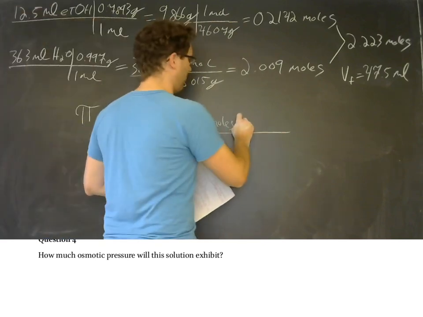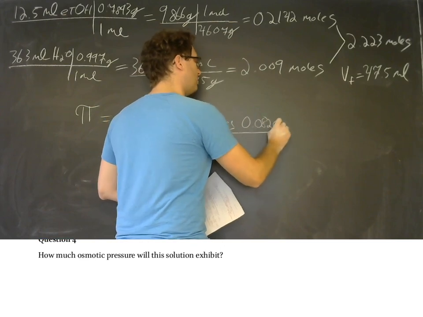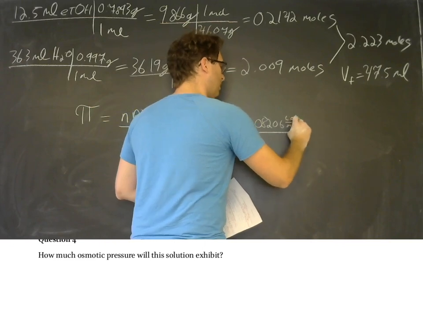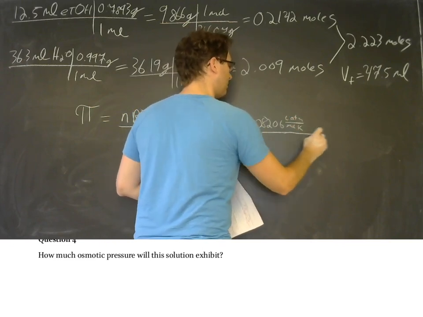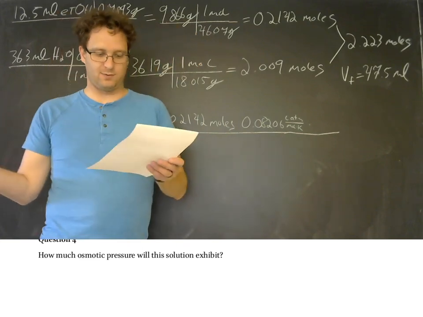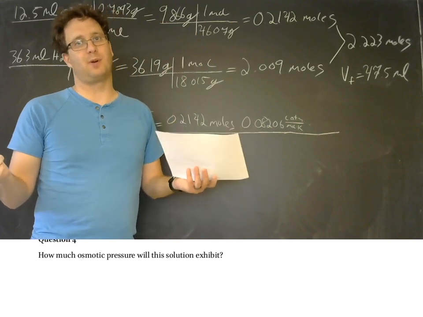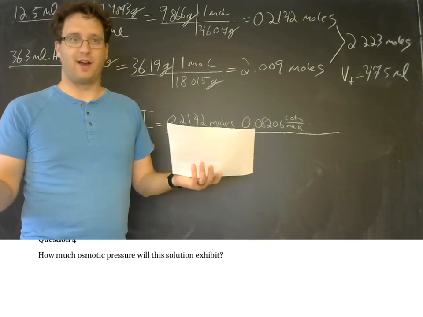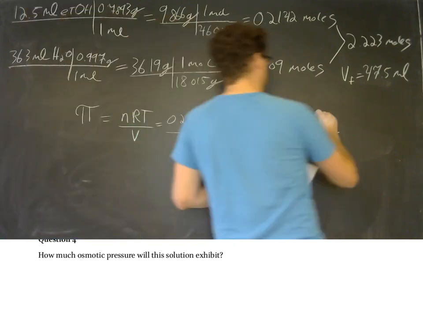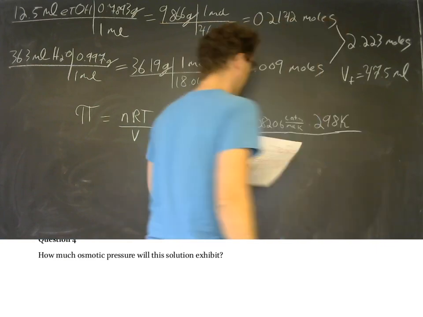R is our gas constant, 0.08206 liters atmospheres per mole Kelvin. And our temperature, I guess I technically didn't give you a temperature except that I referenced the pure substance's vapor pressures at 25 degrees Celsius. And that's what I intended, was 25 degrees Celsius. So this is going to be 298 Kelvin.